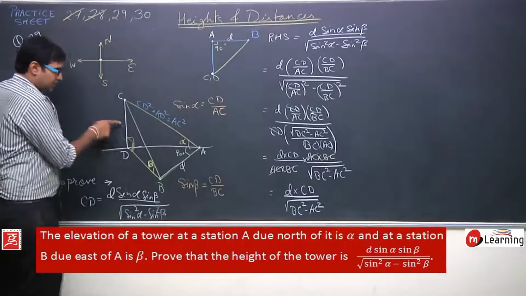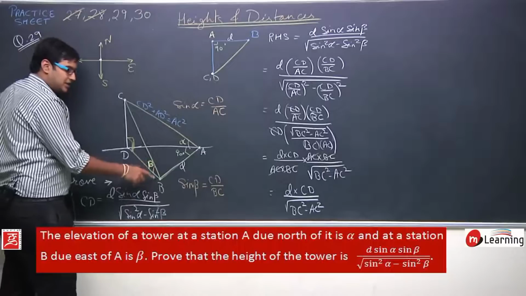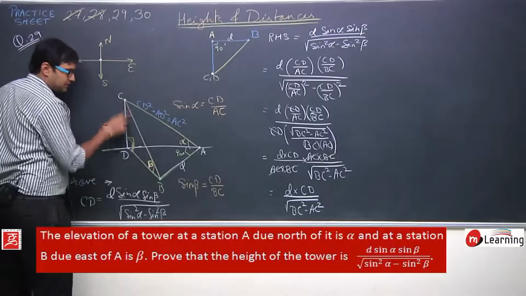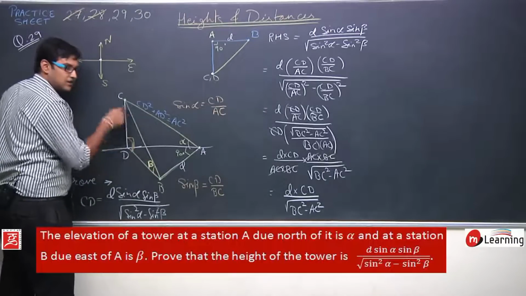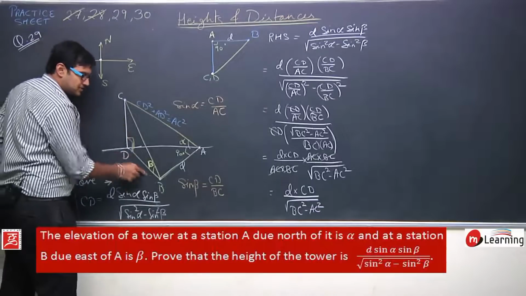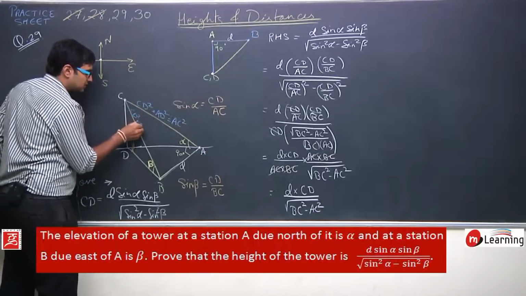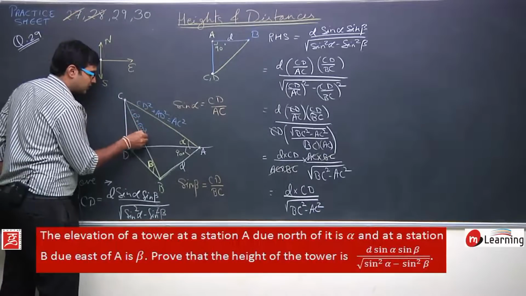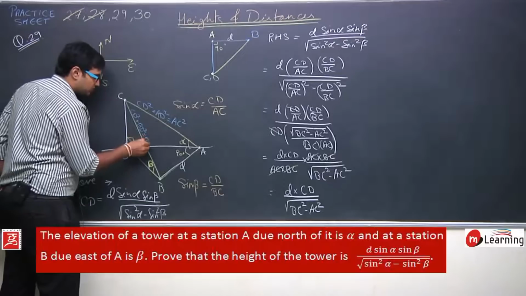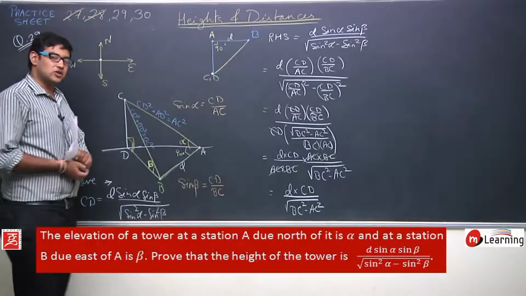Similarly, if you observe BC square, BC is the hypotenuse of this right angle triangle BCD. So BC square is equal to CD square plus BD square. This is what I can get by using Pythagoras theorem.